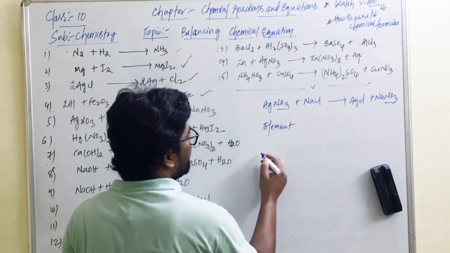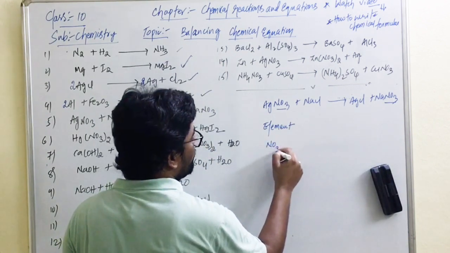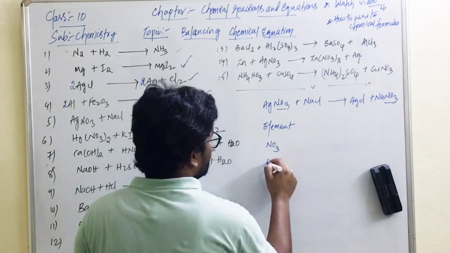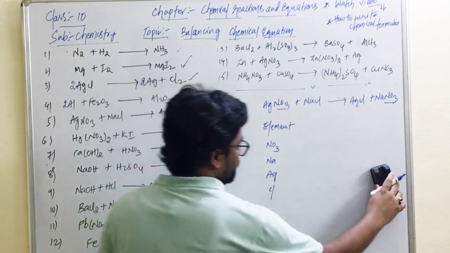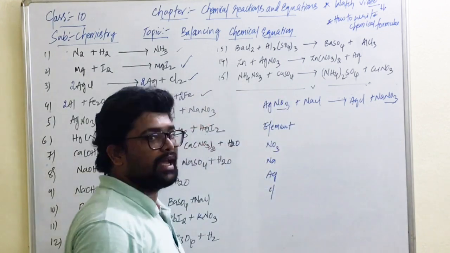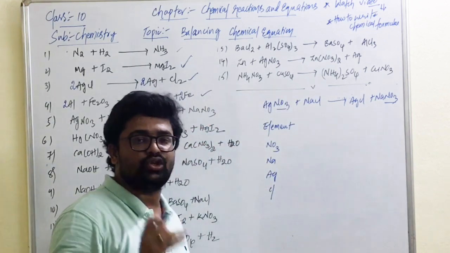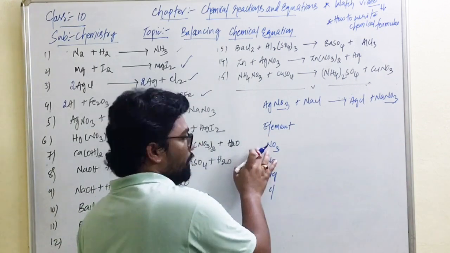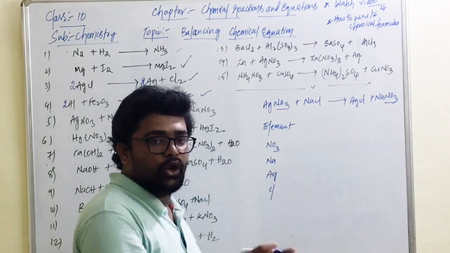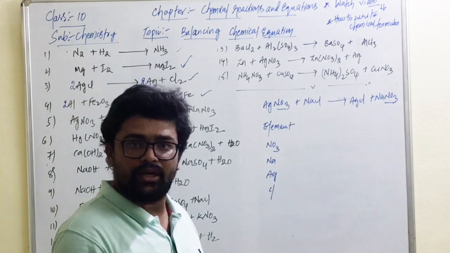What are the elements that are present? Polyatomic ion NO3, sodium metal, silver and chlorine. Children, whenever we have polyatomic ions, metals, non-metals, hydrogen and oxygen, it's better to first start with the polyatomic ion, then go with metal, then non-metal, then gases, hydrogen and oxygen.